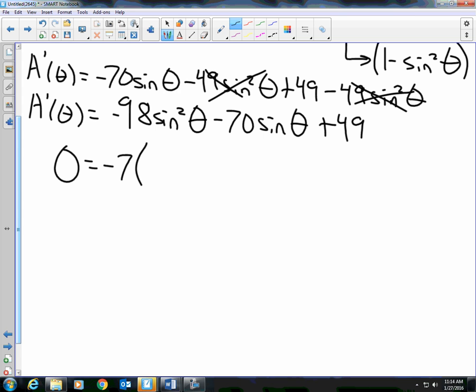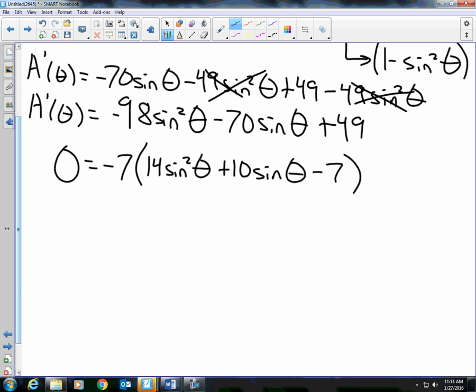Negative 98 divided by negative 7 is 14 sine squared. And factor negative 7 out of negative 70, you get plus 10. And factor negative 7 out of 49, we get negative 7. I've got a nicer looking trinomial now. We already took the derivative.